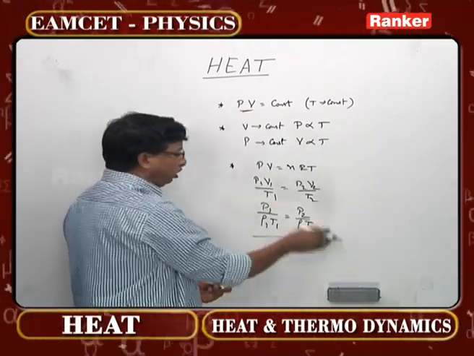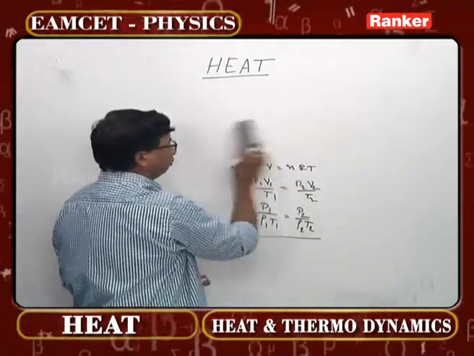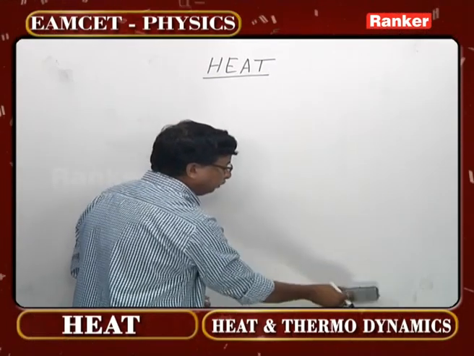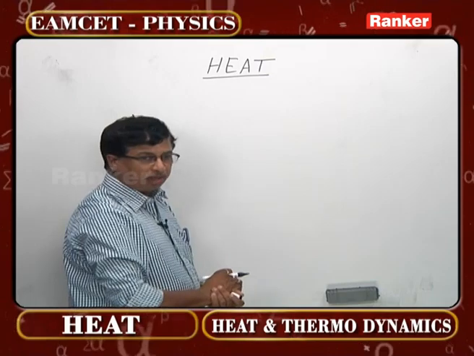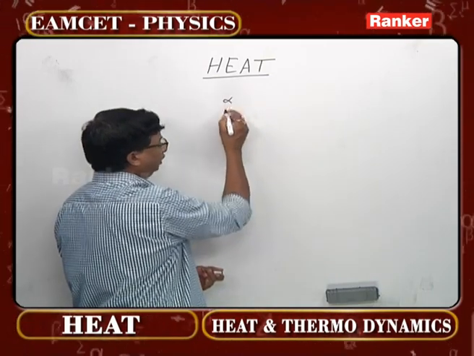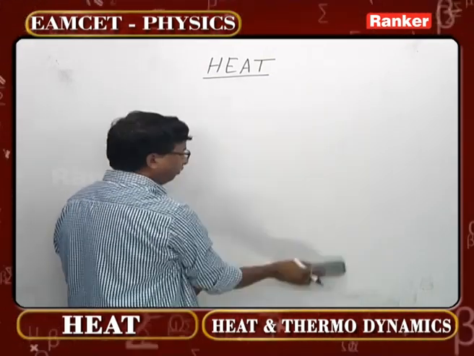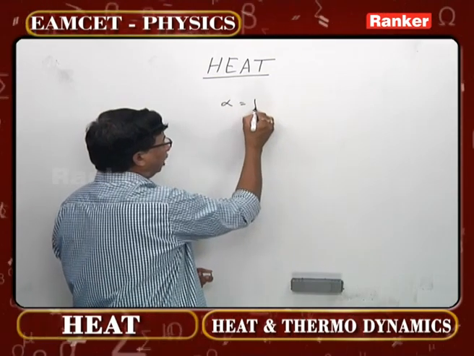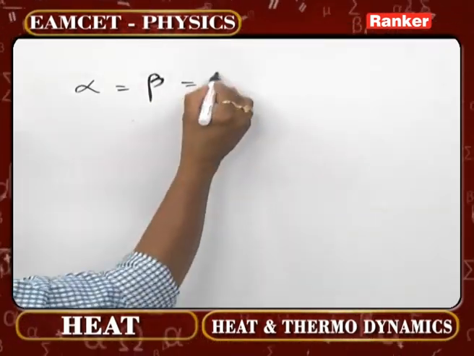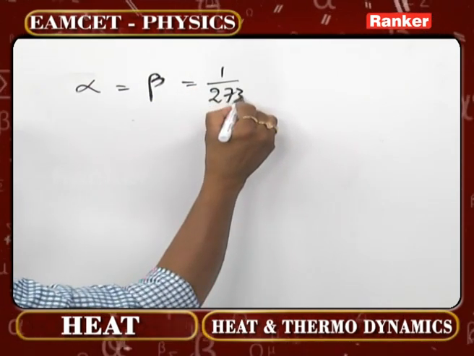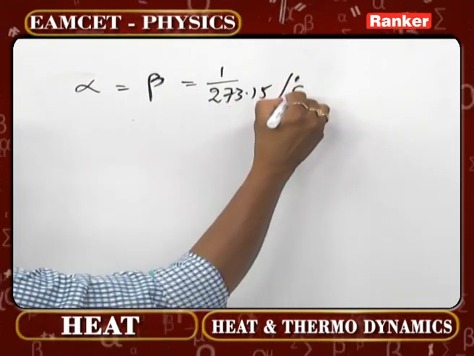And again, we know very well in this particular case that any gas has one pressure expansion coefficient and one volume expansion coefficient, alpha V. Of course, we used to write that either as alpha or beta. One is pressure expansion, one is volume expansion. Each one is equal to 1 by 273.15 per degree centigrade.